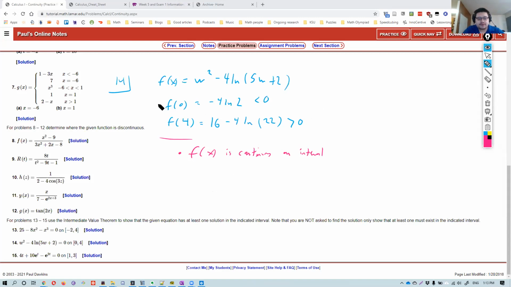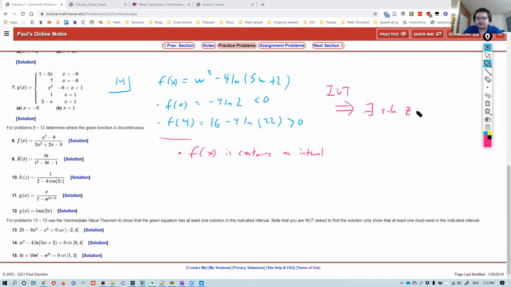And then these two properties indicate that IVT is going to say, by IVT, there exists a solution. I guess we could call it W, but I'm reusing W too many times.